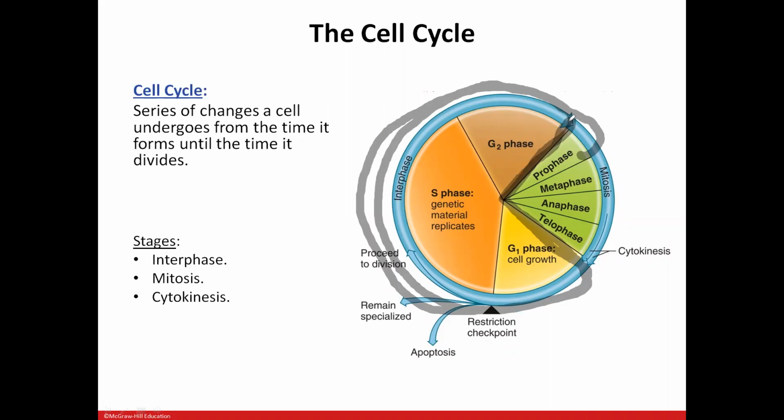And then it's kind of double checking to make sure that the cell is ready to go before it undergoes something called mitosis. And mitosis is where the cell is now gearing up for that cell division. And then finally, the cell will undergo something called cytokinesis, meaning that it goes from having two cells that are just held together to actually having that cleavage and separating it into two daughter cells.